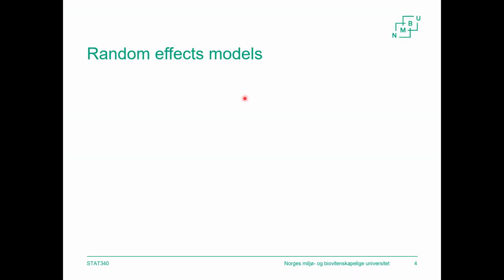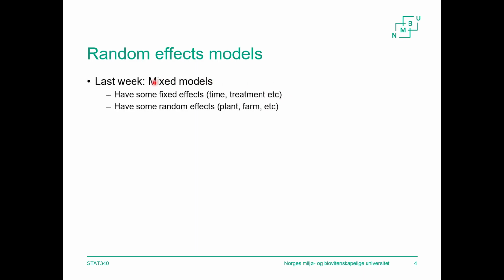So, random effects models. What is this? Well, last week we talked about mixed models for the first time. And we saw that in a mixed model, we typically have some fixed effects, especially time, if this is what we call longitudinal data, where we repeatedly measure the same person or object or unit over time, right?